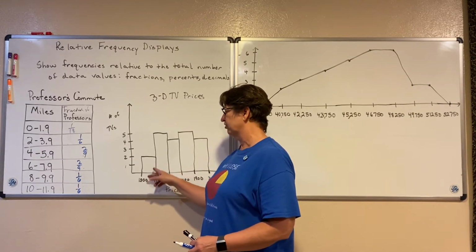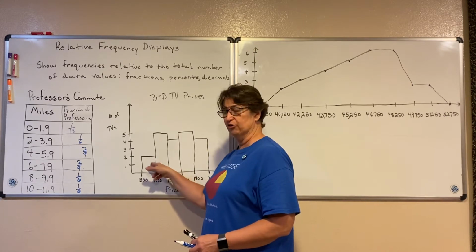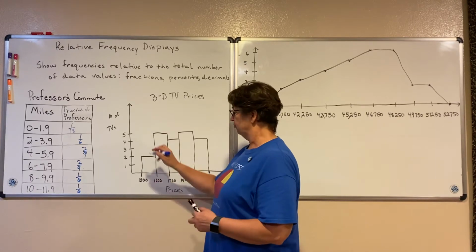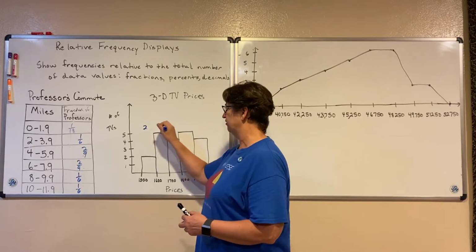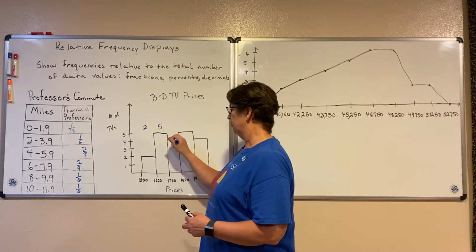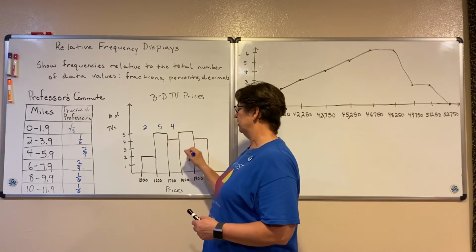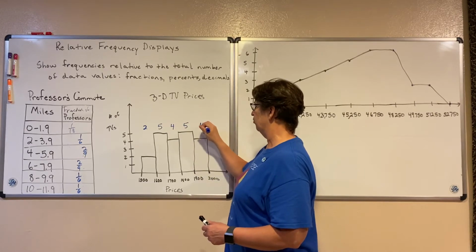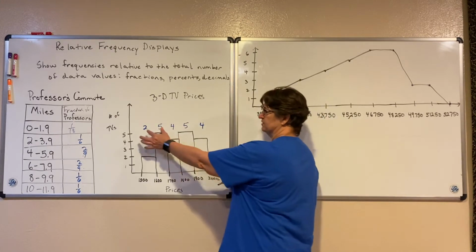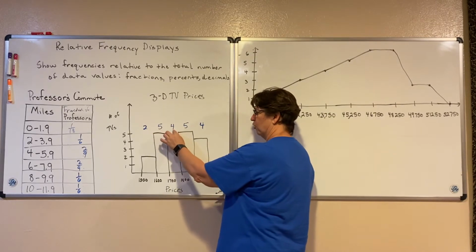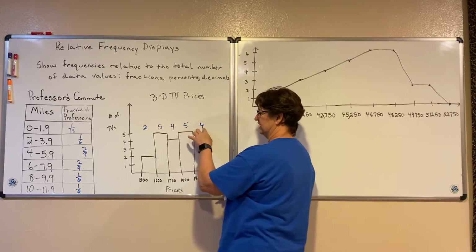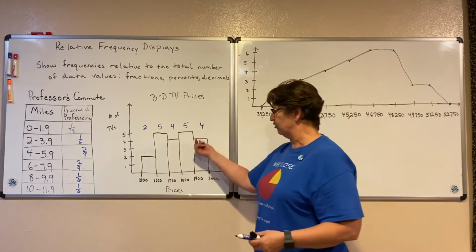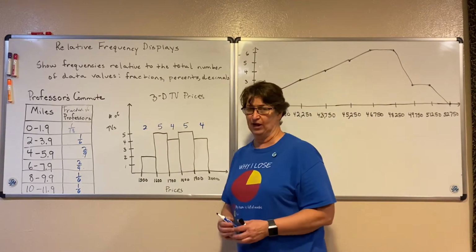So there's 2 here, plus 5 there, plus 4 in this one, plus 5 in this one, plus 4 in that one. For a total of 7 and 4 makes 11, 16, 20. There's a total of 20 data values represented by this histogram.